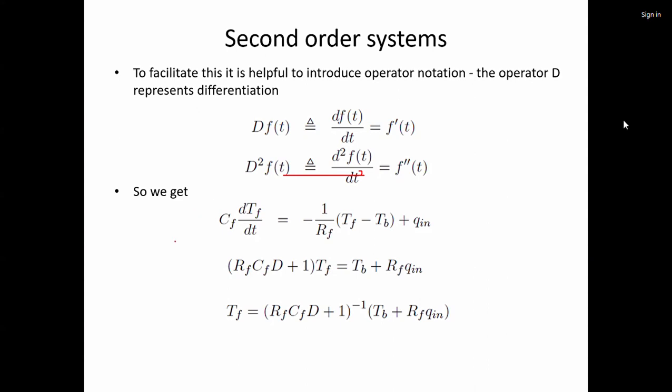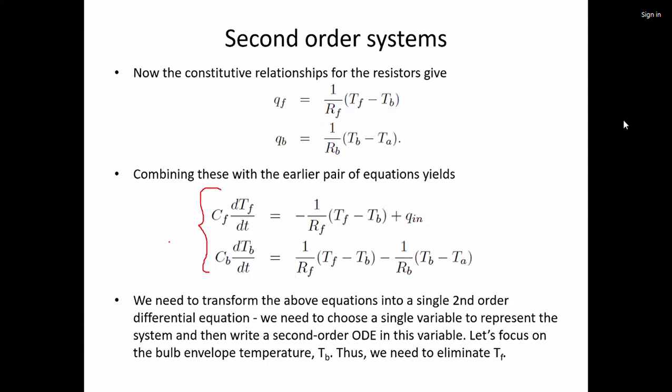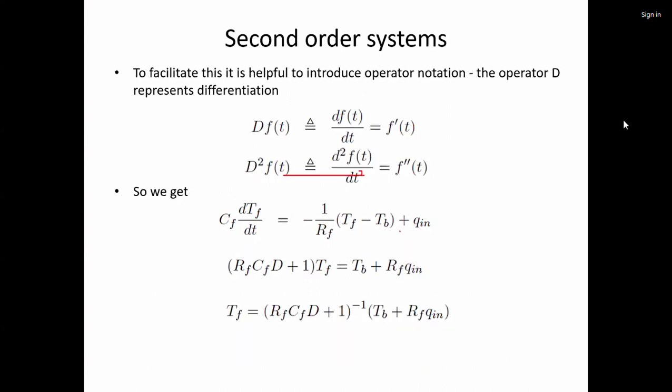So here you write that CF dTF over dt is basically the same thing you write here. Now, your dTF over dt, your d over dt, is written as capital D. And you multiply both the sides with RF.